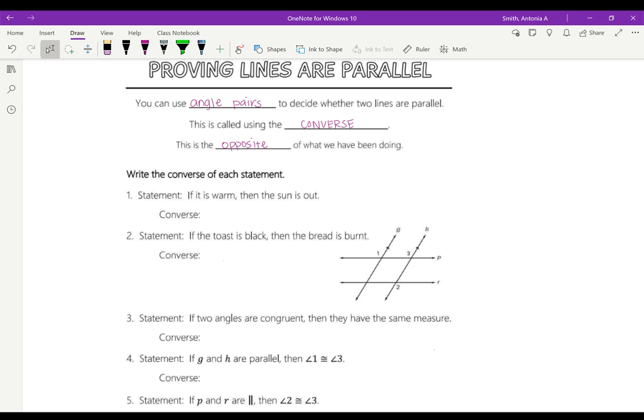There we go. Okay. So the first statement we say, if it is warm, then the sun is out. This, if you don't remember, is called an if-then statement. Well, the converse switches your if and then.